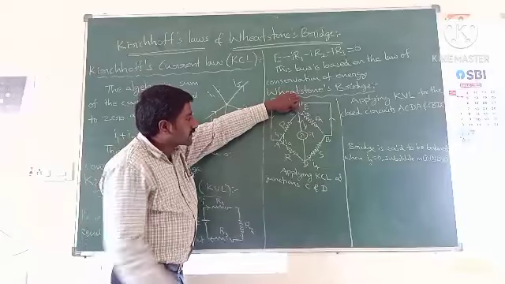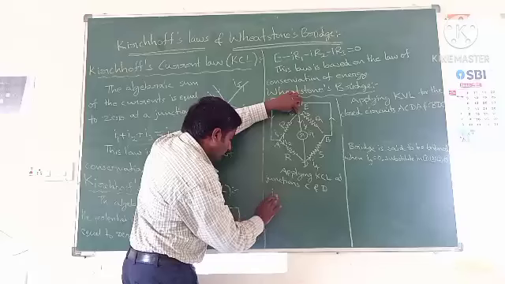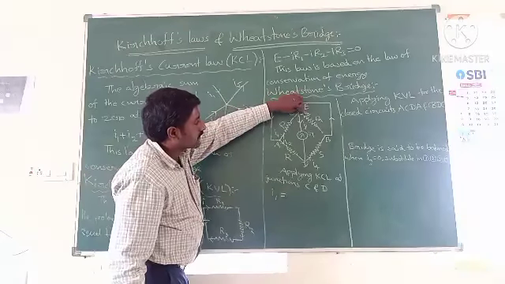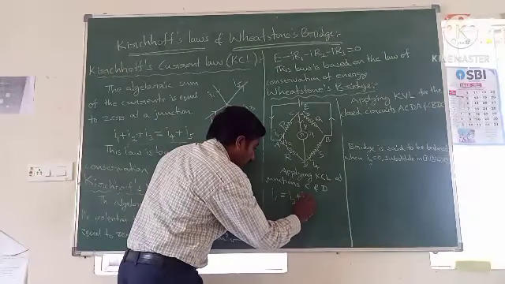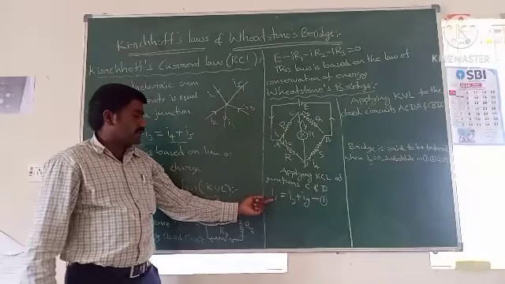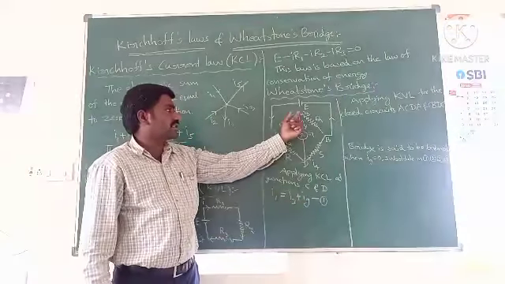So what are the entering currents? I1 only. So I1 equals, and what are the leaving currents? I3 and Ig. So I3 plus Ig. So this is equation number 1. So the sum of the currents entering the junction equals the sum of the currents leaving the junction at junction C.